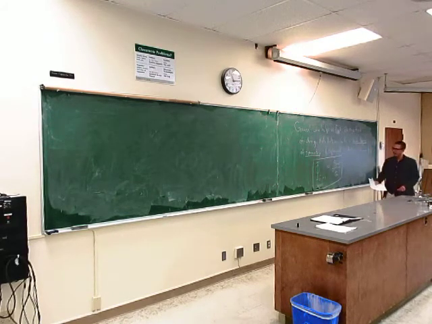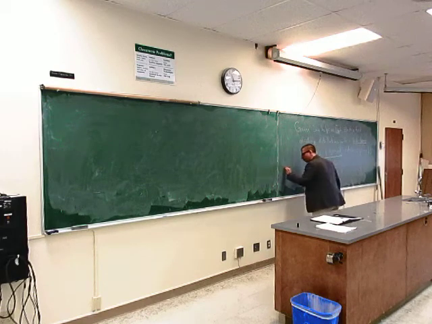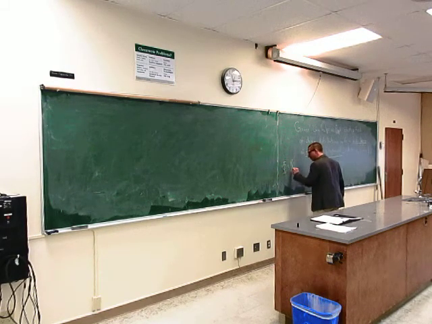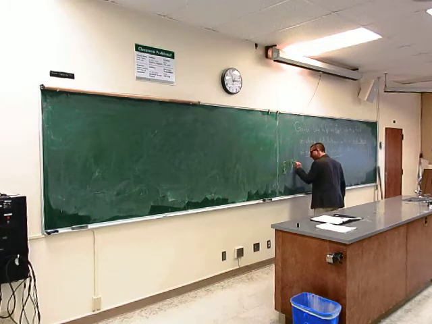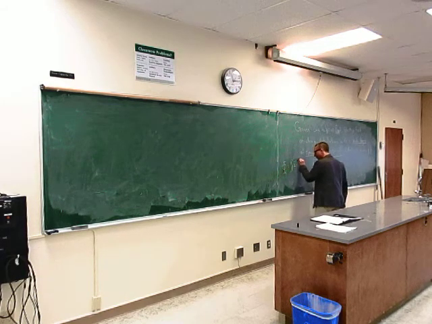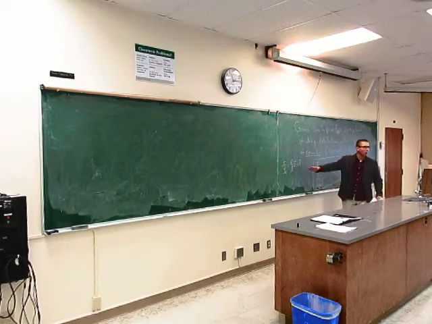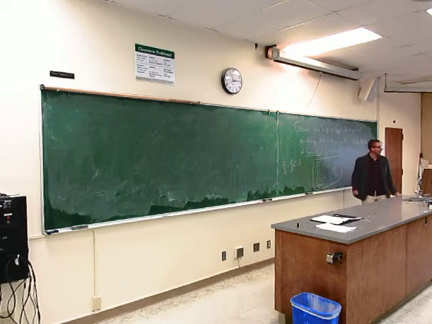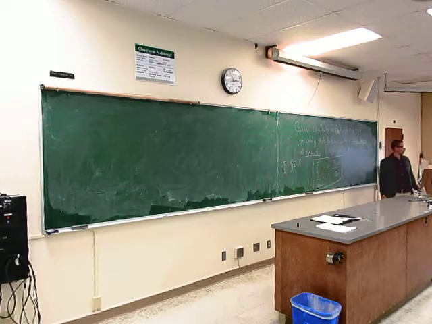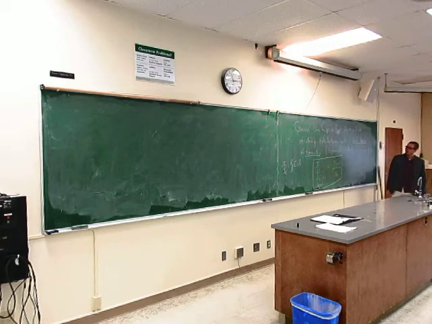Okay, what is electric flux? Electric flux is the surface integral of E dot dA, and in general, your surface can be open or closed. Gauss's law is speaking only for closed surfaces, that is, ones that have no holes in them.